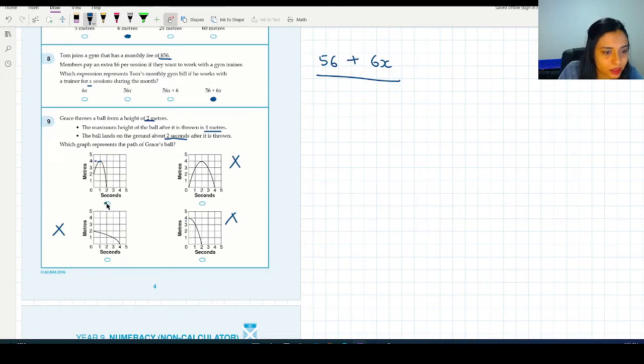And that leaves A as our answer. Let's just go ahead and check the last point as well. The ball lands on the ground about 2 seconds after it is thrown. So when it lands on the ground, it will have a height of 0 meters. And so at 2 seconds, this ball is on the ground at 0 meters. So it meets this requirement as well.